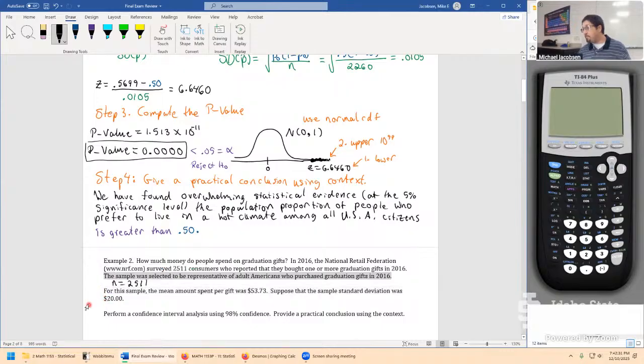We're told next, for this sample, the mean amount spent per gift was $53.73. So from there, because this is relating the sample, this is really a Y bar of 53.73. And they make an assumption, suppose the sample standard deviation was $20.